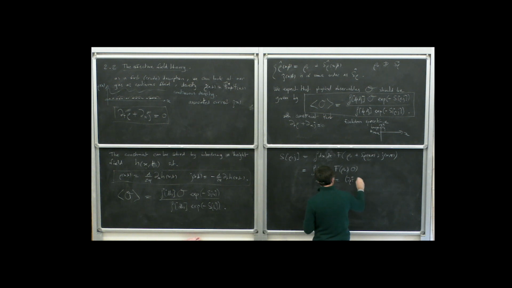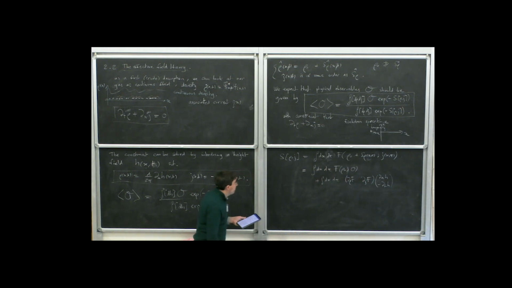You pick up the gradient of this function f times the gradient of the height field, maybe up to some factors of 2 pi, but it doesn't matter. And then you get here another factor that looks like this.